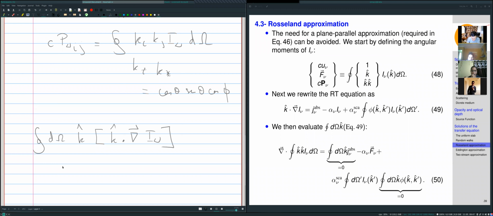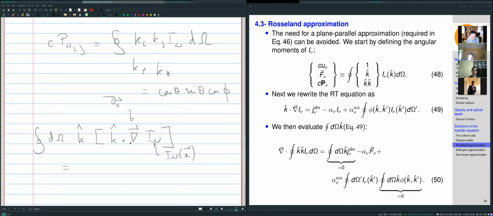Now, this gradient applies on the x coordinates. So that is basically the partial derivative over the position x, and this is the only quantity here that might depend on the position x. These are angular integrations, so this gradient can go outside.